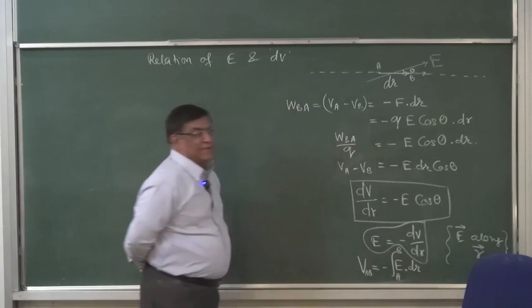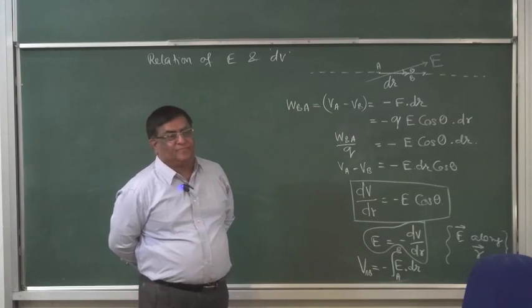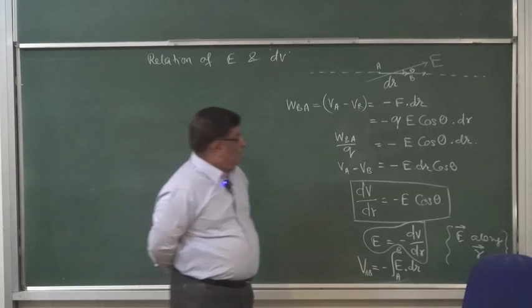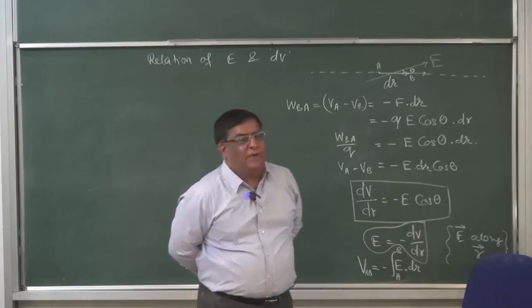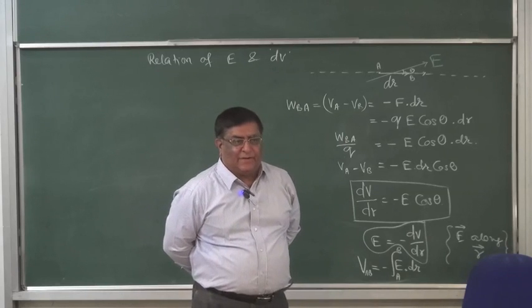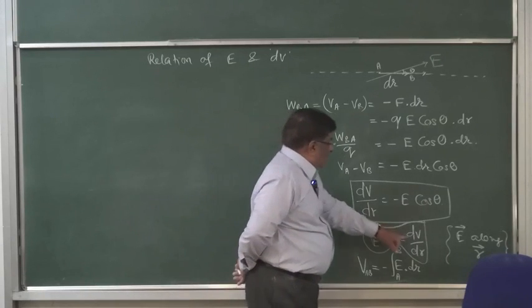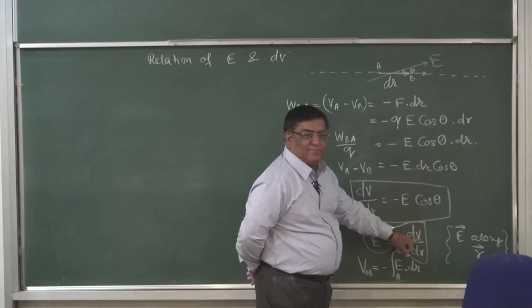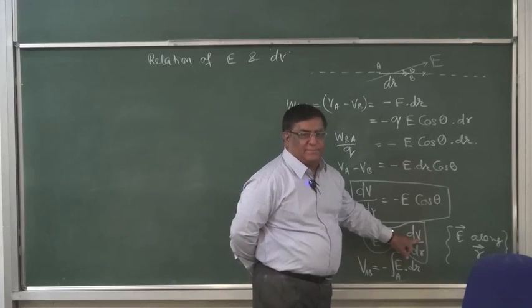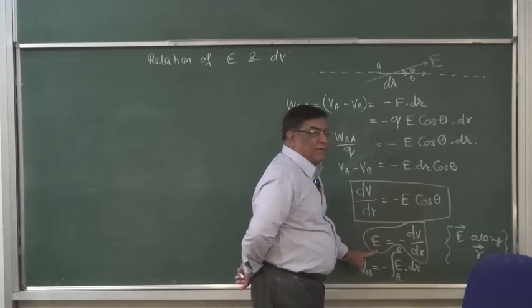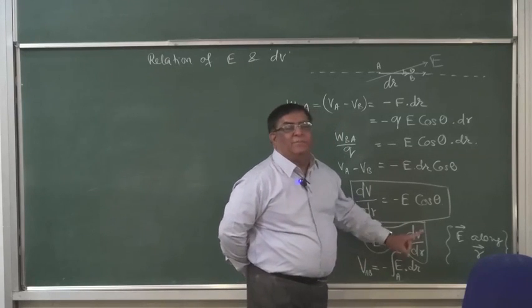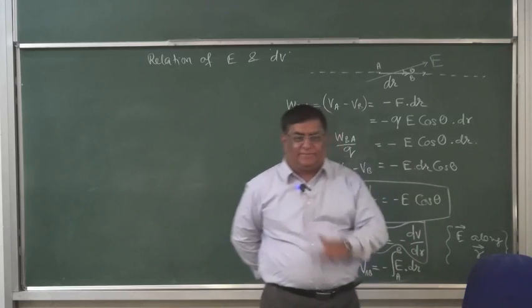E is equal to minus dV by dr. Okay, now this also helps us to find another unit of electric field intensity. Potential has a unit volt, r has a unit meter. So what is the unit of electric field? Volt per meter. Volt per meter.